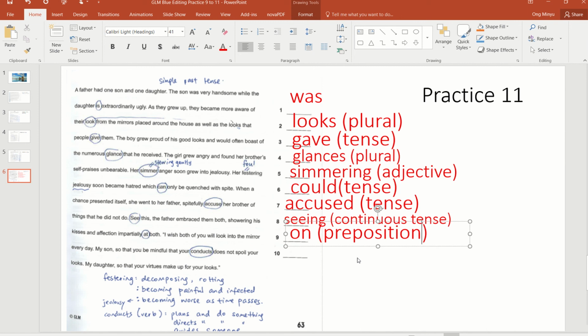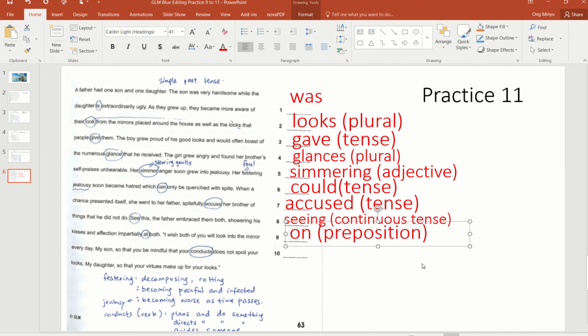And the last one, line 10. I wish both of you would look in the mirror every day, my son, so that you'll be mindful that your conduct does not spoil your looks, my daughter, so that your virtues make up for your looks. So, conduct means behavior. So, this noun, is it countable or uncountable?